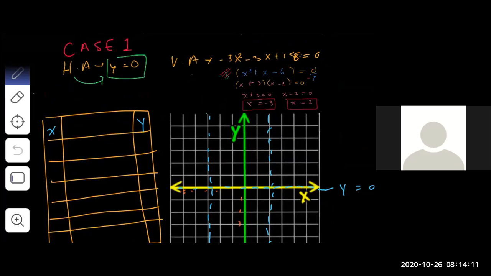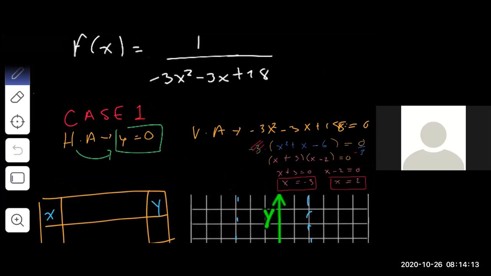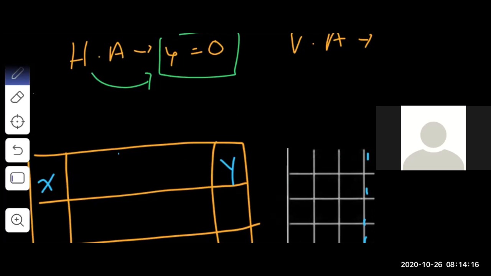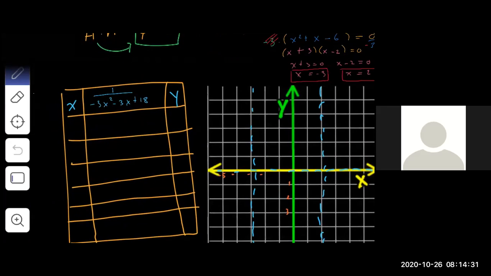My function in this case is a little bit big, right? Can someone remind me that? 1 over, what is the original function, guys? Negative 3x squared minus 3x plus 18. Thank you, all of you. That's my function.